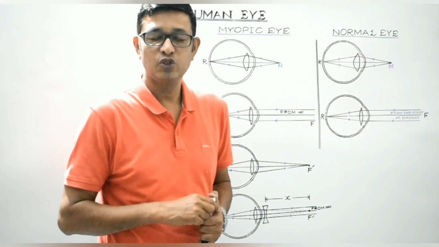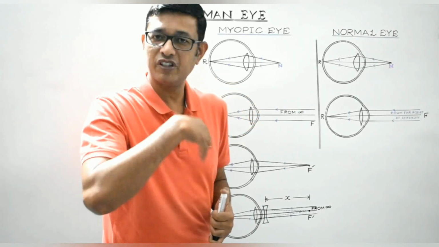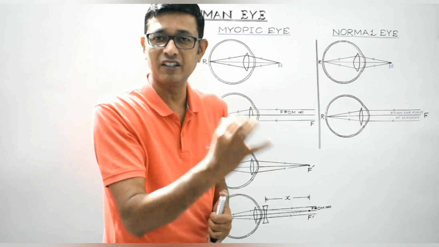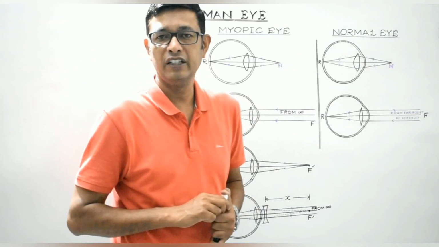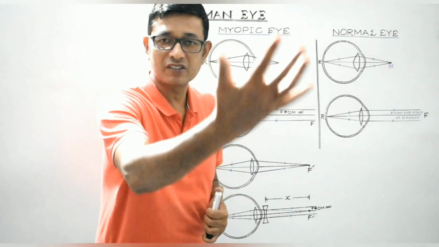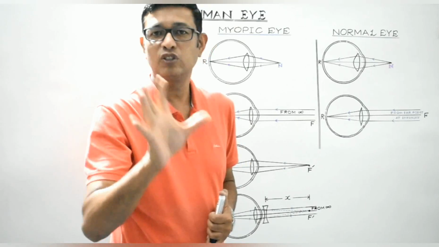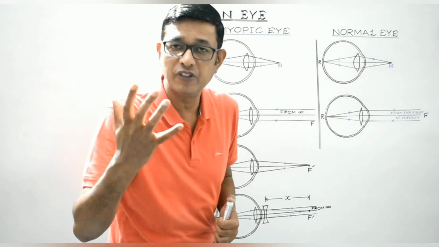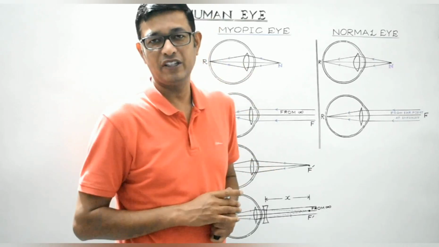Clear, students? So the near point is the minimum distance of an object from the eye at which it can appear distinct, clear, and very clear, right? And the far point is the maximum distance of an object whose image is formed at the retina, and it is also clear. So the range of vision of a normal eye is from 25 centimeter to infinity, right?